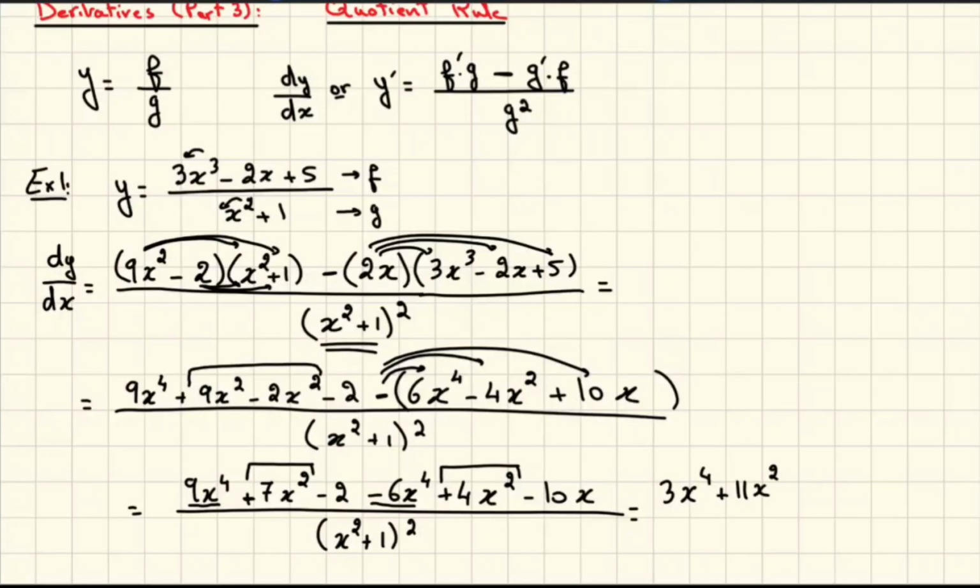Then I have one term with x and one term which is a constant number. Let's write in descending order of x, or descending exponent of x. So minus 10x first, and then the constant number at the end. If you write in any order on top, nothing will change, because with addition and subtraction we can swap the terms and nothing will change.